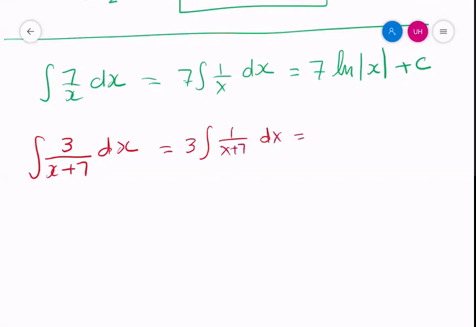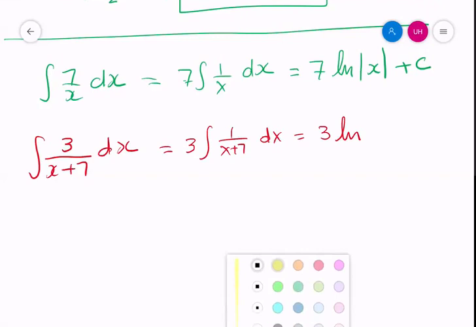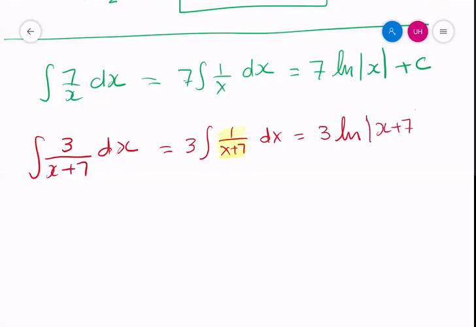And this is going to be 3 ln, because when we integrate this term it will be ln of x plus 7, plus c. Okay? Happy? I hope so.